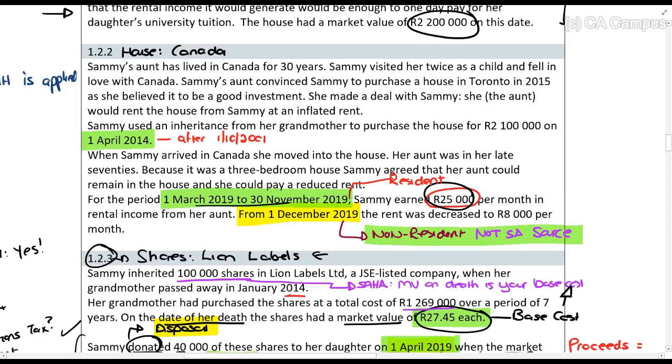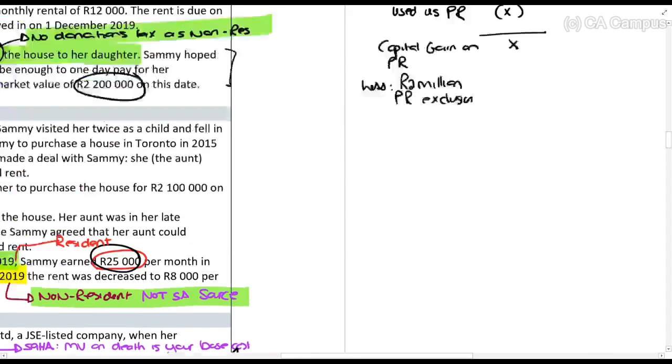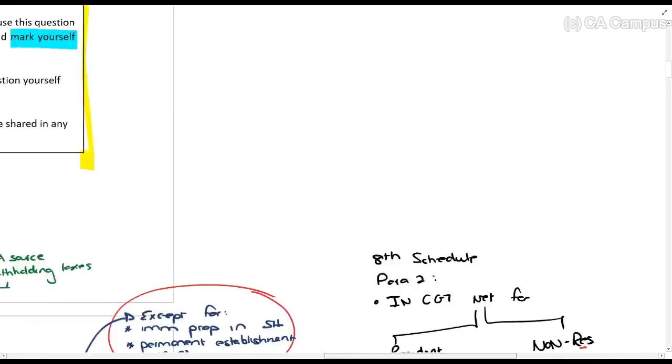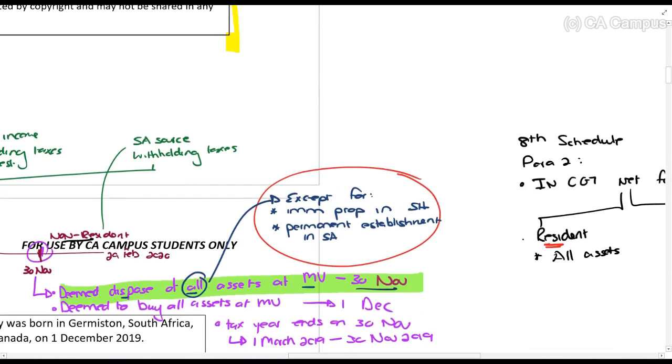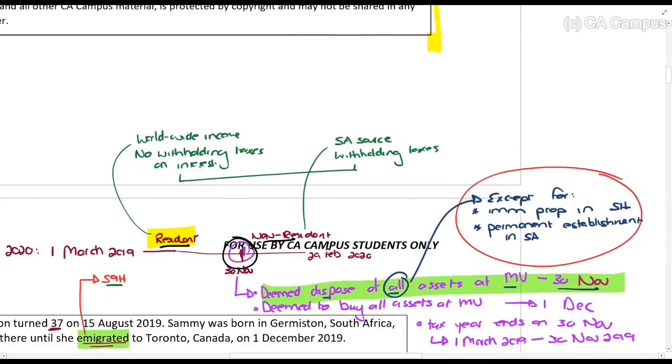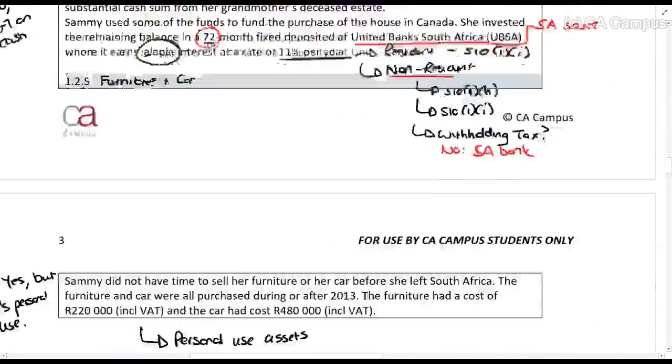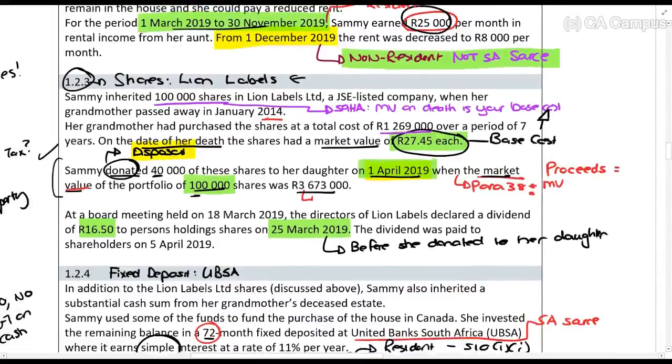And then when she immigrates, there's a deemed disposal, because in terms of Section 9H, remember, just in case you've forgotten, in terms of Section 9H, when you immigrate, there's a deemed disposal of all of your assets at market value except for those assets not in South Africa, so it doesn't apply to the house in Canada.